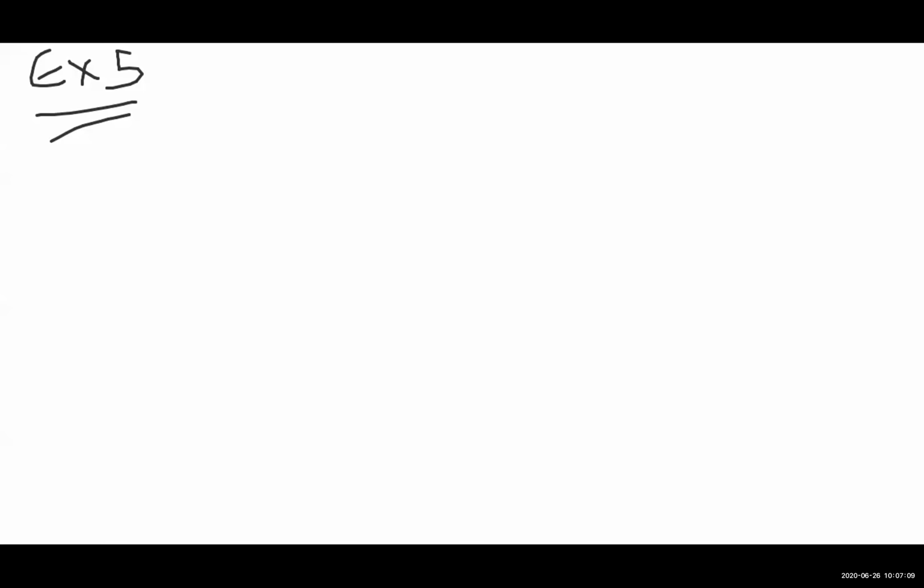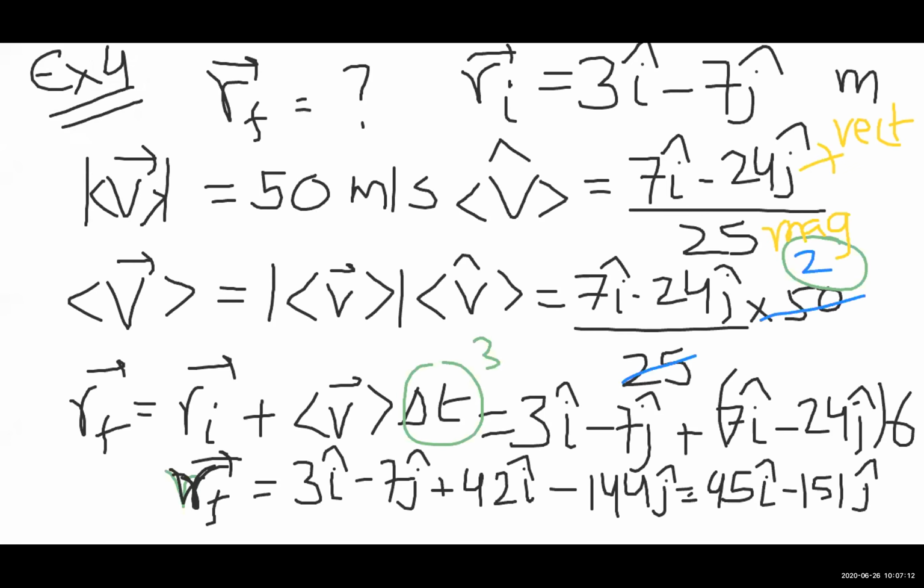Example 5, you please try yourselves. Very, very easy. हाँ मतलब एग्जाम्पल 5 में RF RI डेल्टा टी सब दिया हुआ है, सीधा फॉर्मूले में डालना है.